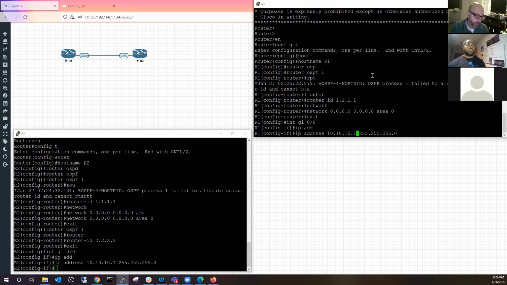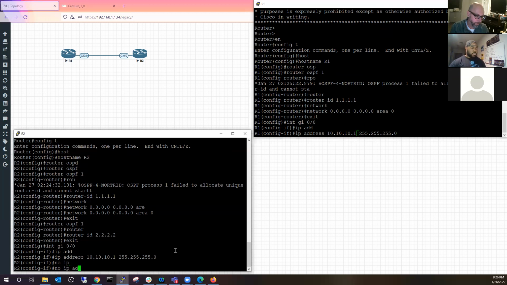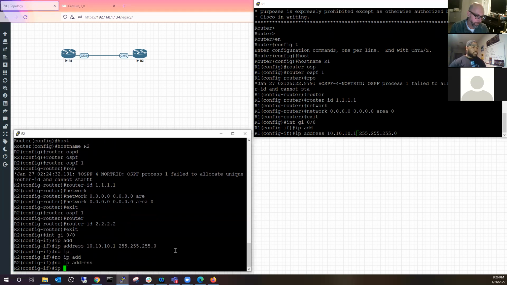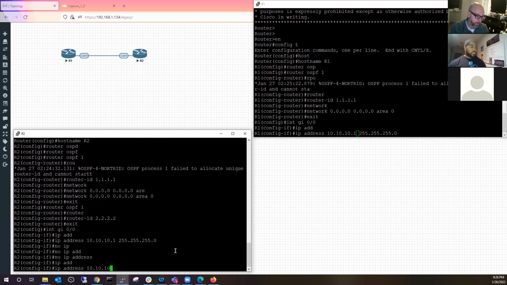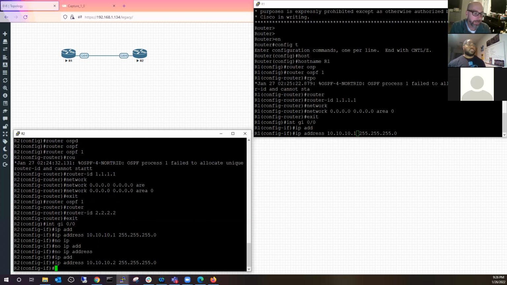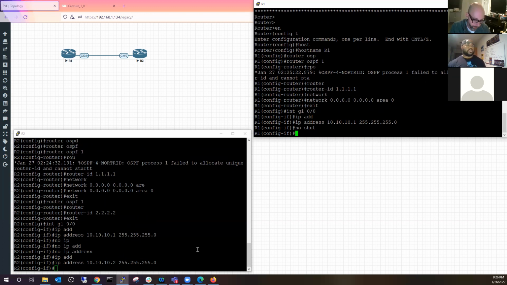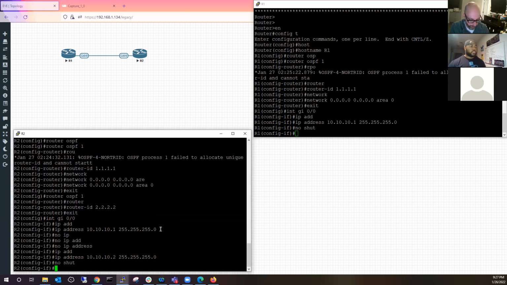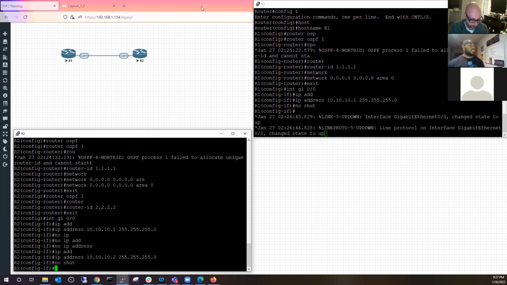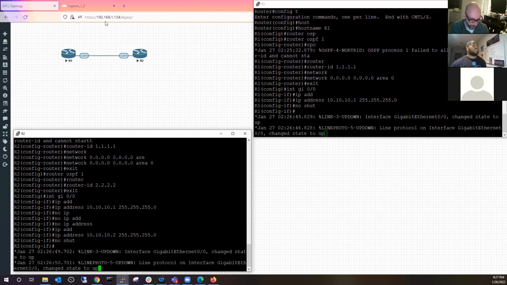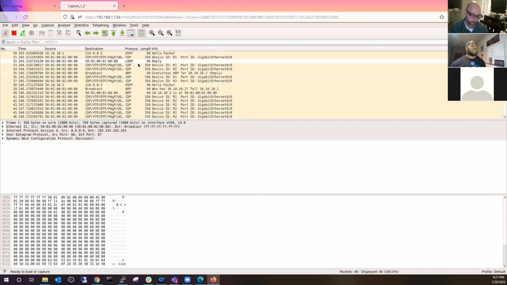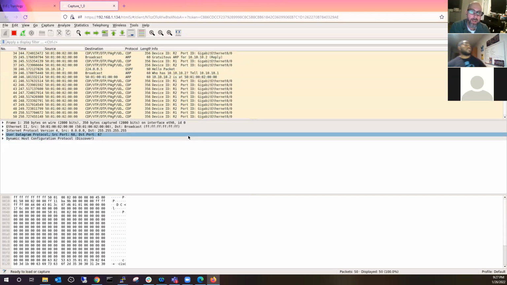I'm tapping the tip of my tongue, but I don't remember. Okay, that's MTU. MTUs have to match on both sides, or they'll never reach the full state where everything's exchanged and the database is exchanged.